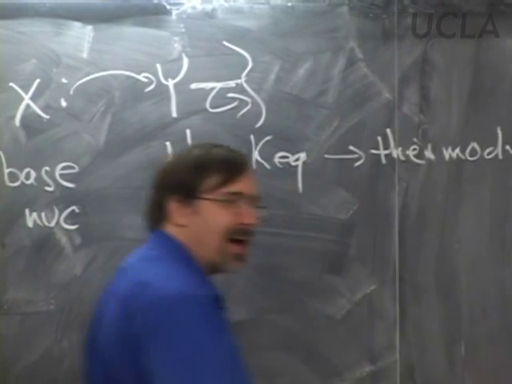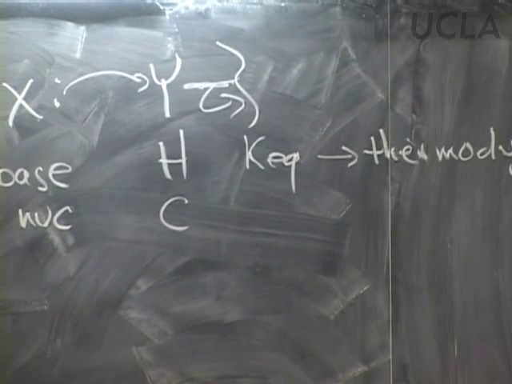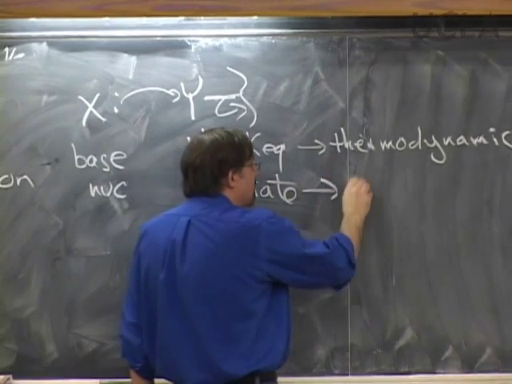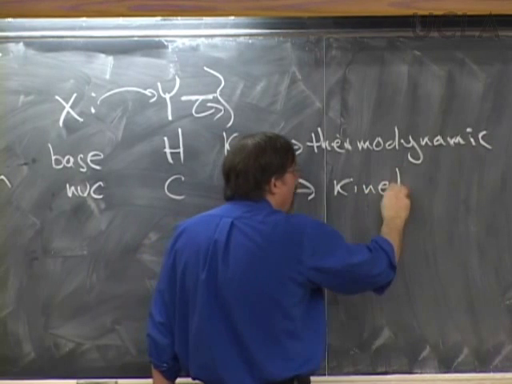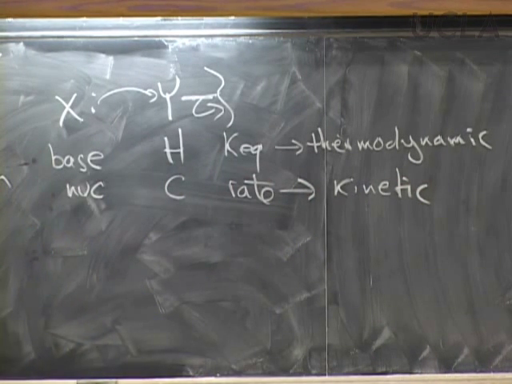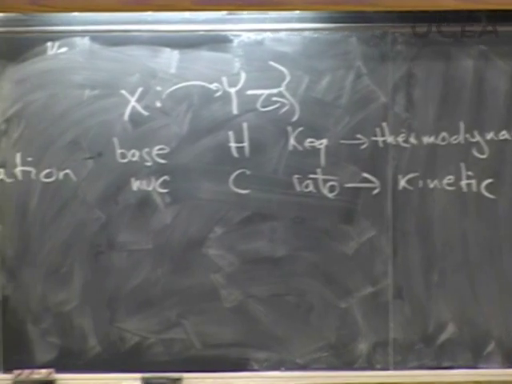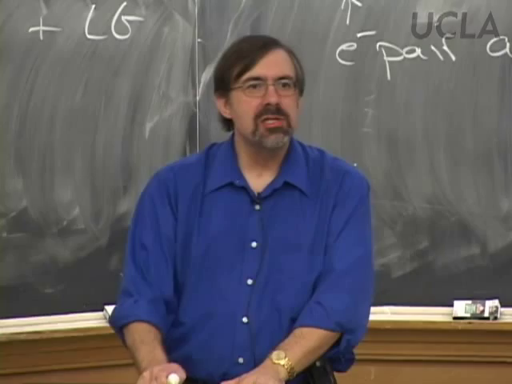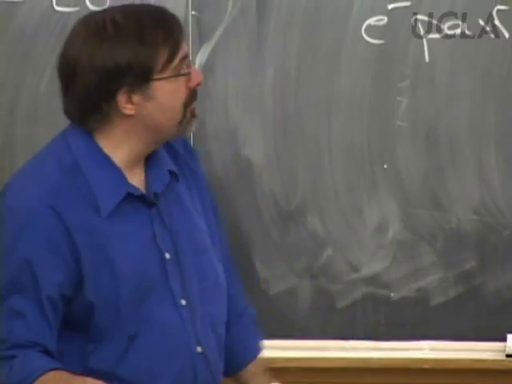It's controlled by delta G. Nucleophilicity, on the other hand, is controlled by rate. So this is a kinetic property. When we talk about nucleophilicity, we're talking about rate of reactions. So the fundamental thing which controls them is going to be similar, but it's not going to be exactly parallel. There are going to be cases where we have good bases that are also good nucleophiles and cases where we have good bases that aren't such good nucleophiles.